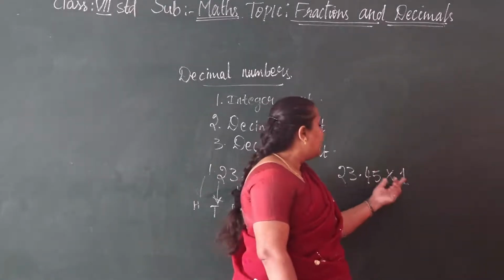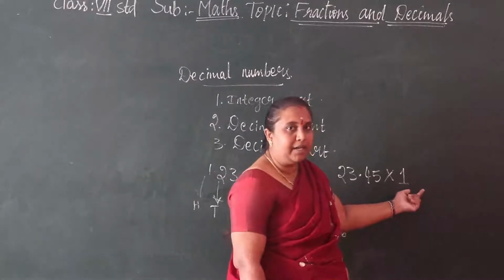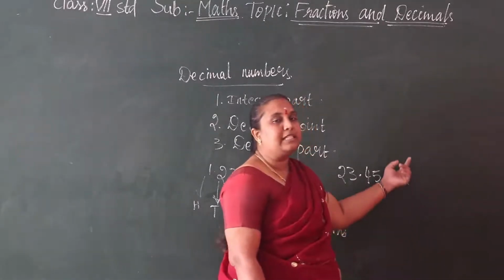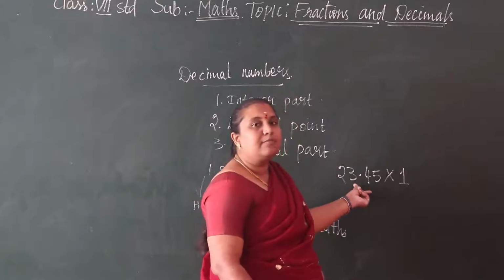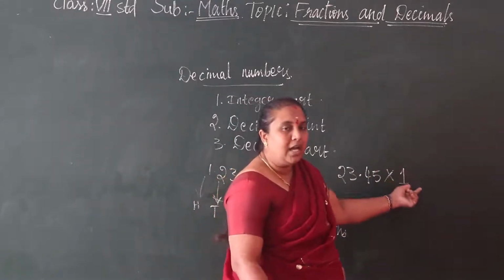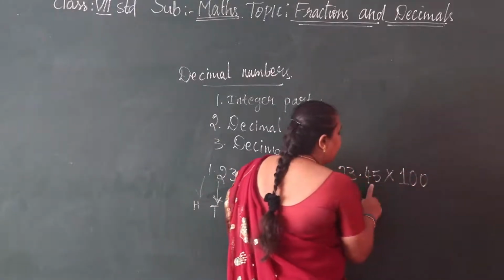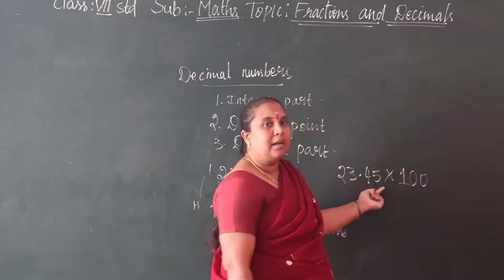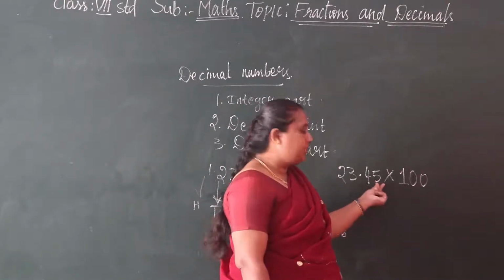The given number is multiplied by 1 followed by as many zeros as there are decimal digits in the given number. How many decimal digits are present in the given number? Here we have 2 digits, is it right?